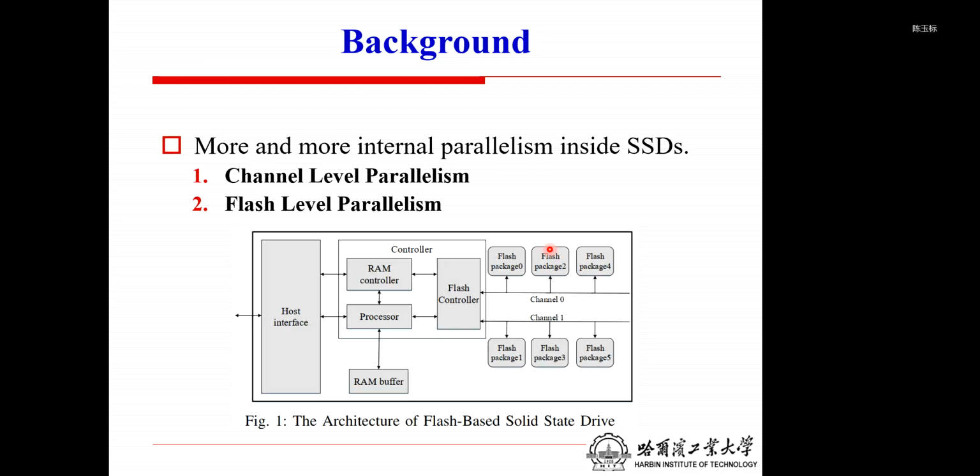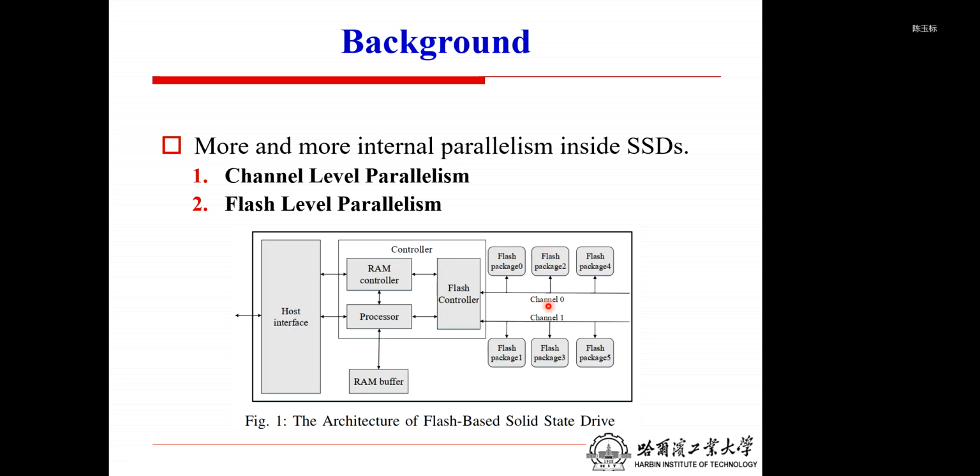If we take the SSD as a whole, more and more hardware resources are integrated into SSDs, which makes richer internal parallelism possible, as shown in Figure 1. The flash packages are connected to the flash controller through data channels, and multiple flash packages share one channel. In general, an SSD contains many channels, and the tasks between channels are independent.